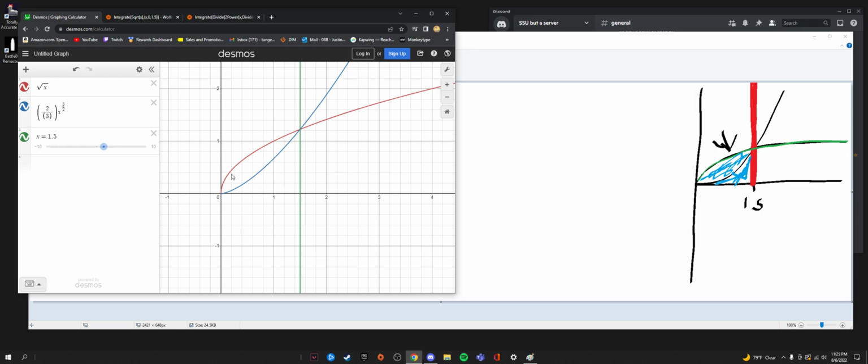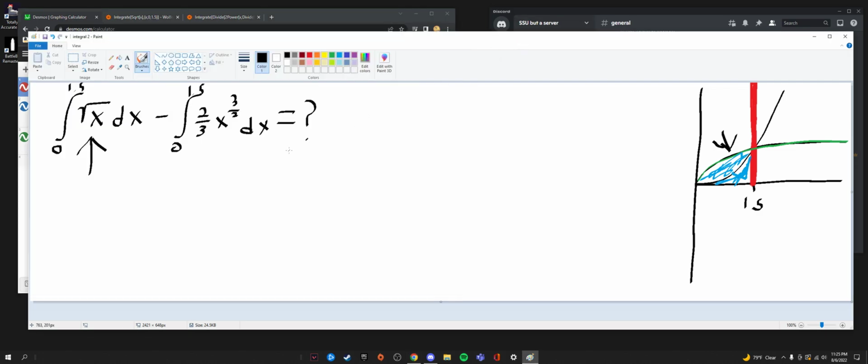Rather, we want this slice of an ellipse or something. This area there. So in order to do that, we have these two integrals.